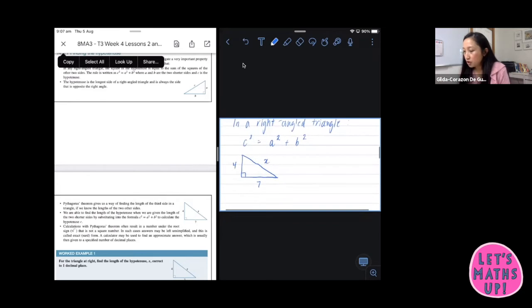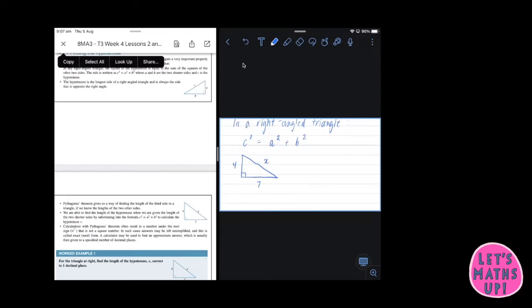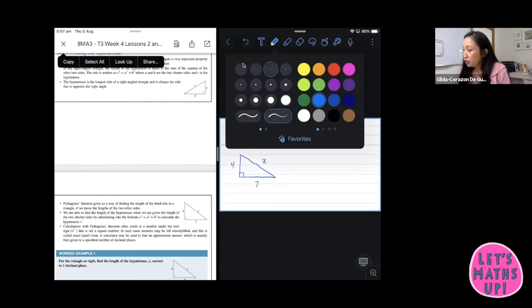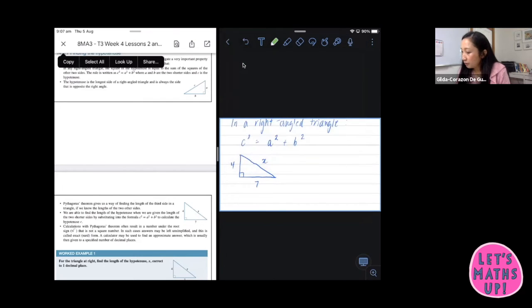How? You would use that formula, C squared equals A squared plus B squared, okay? And we know that C would always be your longest side, the one opposite your right angle, and therefore X would be our C.